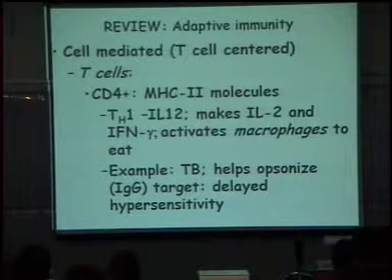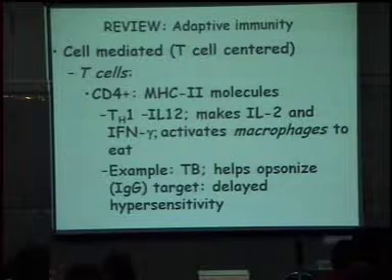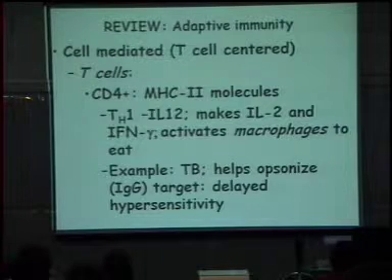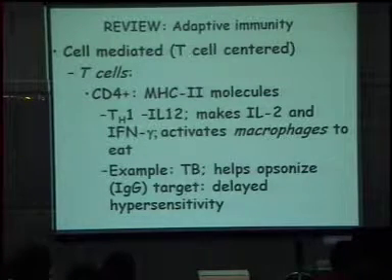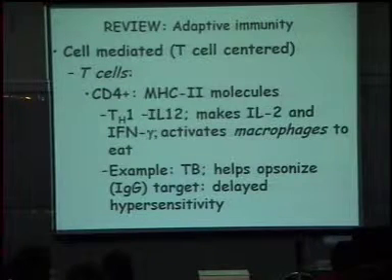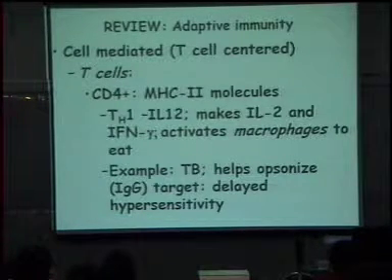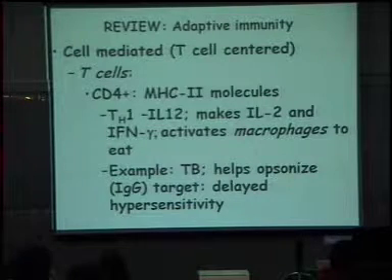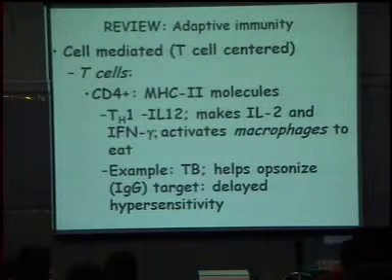And they can work in a variety of ways. When they get together with helper type 1 cells, they work with interleukin 12, make interleukin 2, and are very much related to the way we work with TB. We'll talk about that more in just a minute. They help to opsonize other things. This is the area of delayed hypersensitivity.